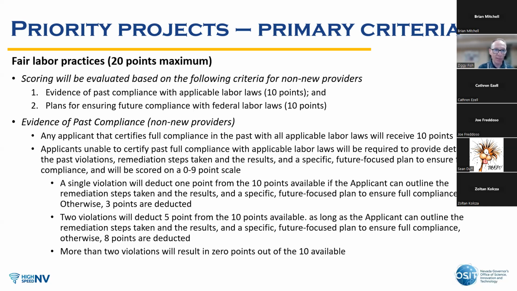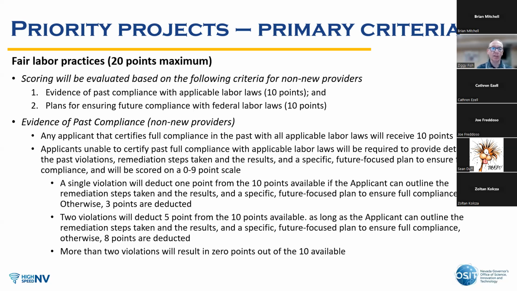If you have violations, then we ask a series of additional questions and give you fractional points based on that. There's a breakdown here that you can consult. But if you have more than 2 violations, you won't get any points.